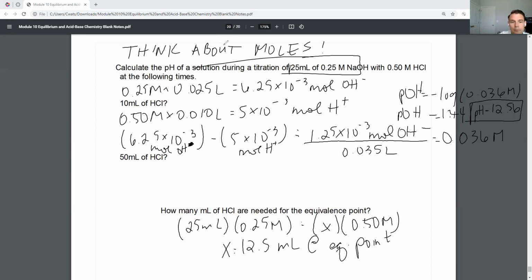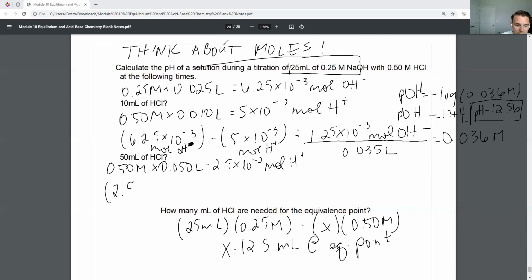So if I use 50 milliliters of hydrochloric acid, that's going to be 0.50 molar times 0.050 liters, which gives me 2.5 times 10 to the negative second moles of H plus. Okay. So I'm definitely going to have hydrogen ions at the end of this.